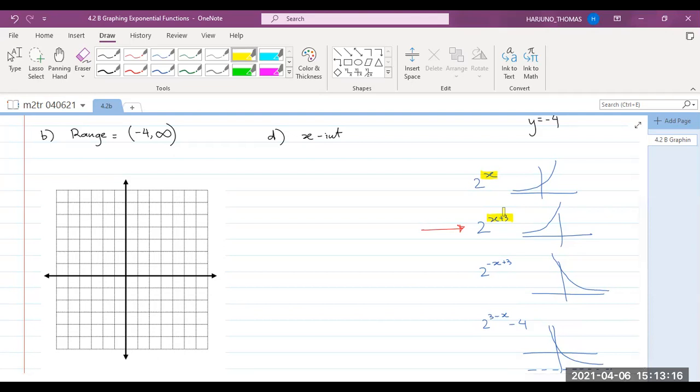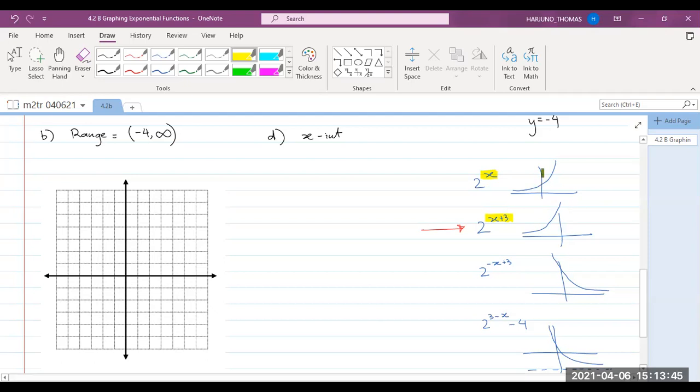The way we think is, to move it 3 to the left, you're supposed to subtract 3, right? The idea is this. Think of it as if you play the movie 3 units earlier.